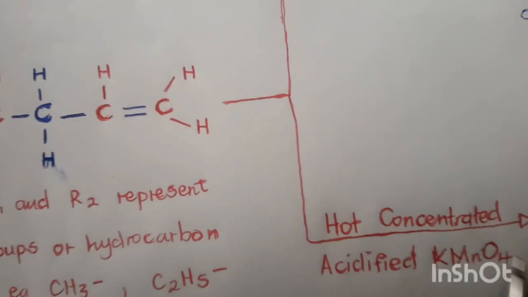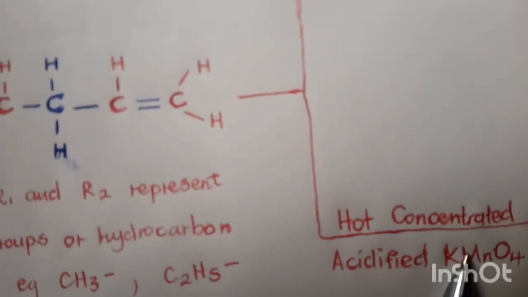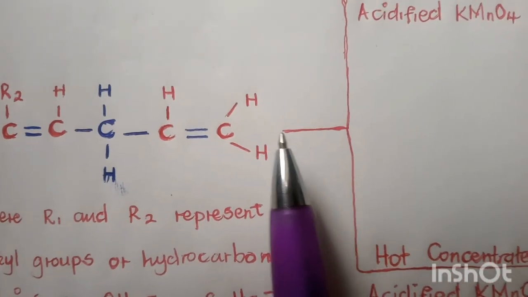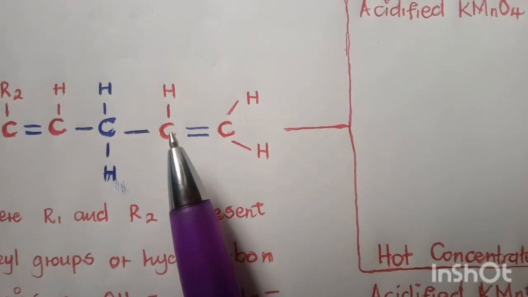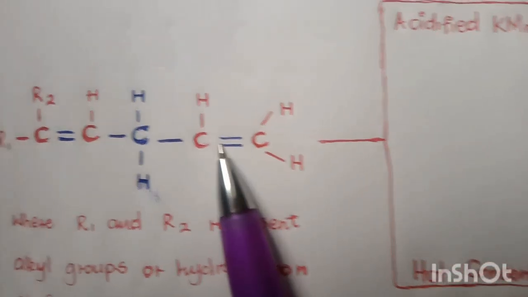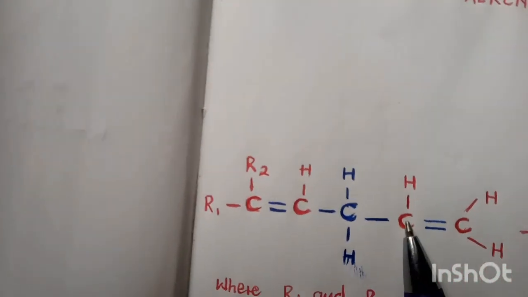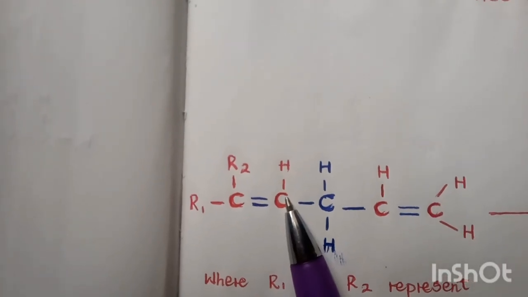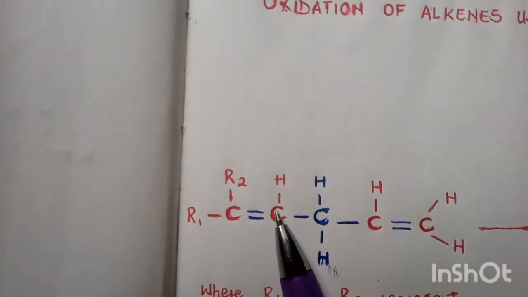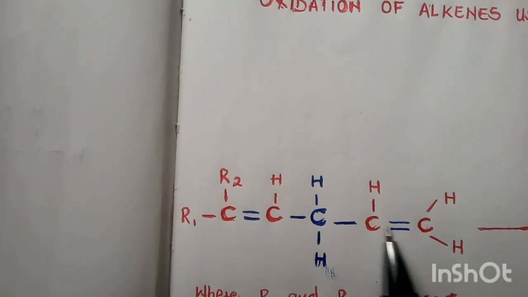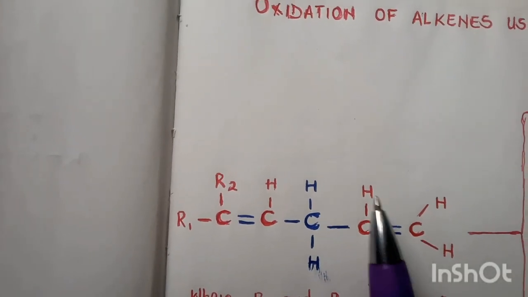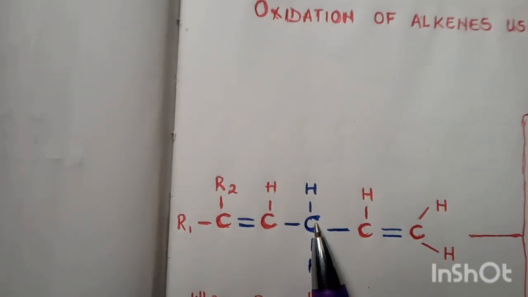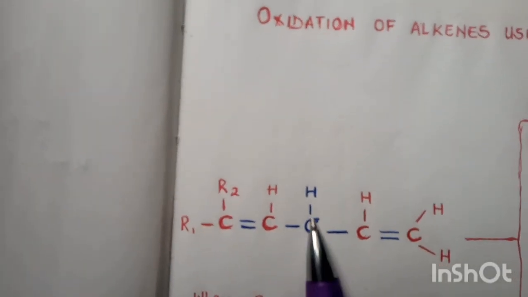But because the potassium manganate is a strong oxidizing agent, it will further oxidize the aldehyde, which is going to be formed, to a carboxylic acid. So as you can see, on this carbon atom and that carbon atom, we have a similar situation in which both the carbon atoms involved in the double bond are attached to a hydrogen atom and a carbon atom, or an alkyl group, because this is a CH2 group.